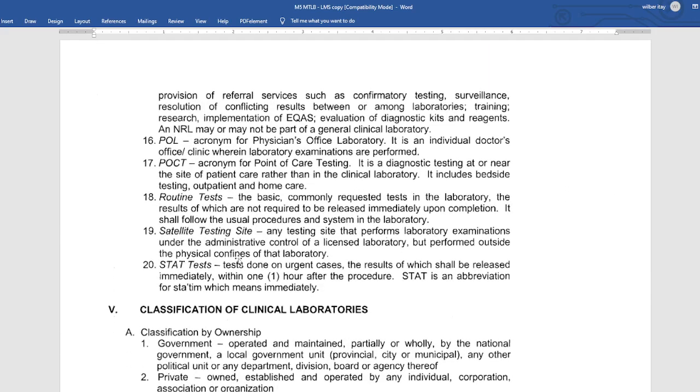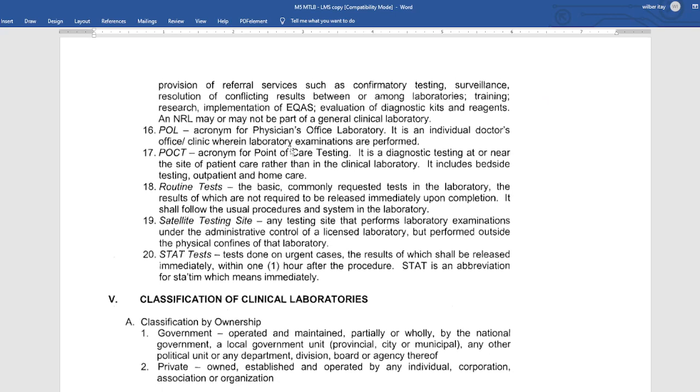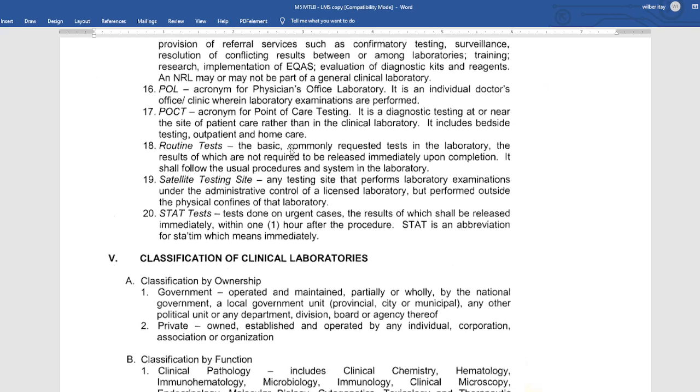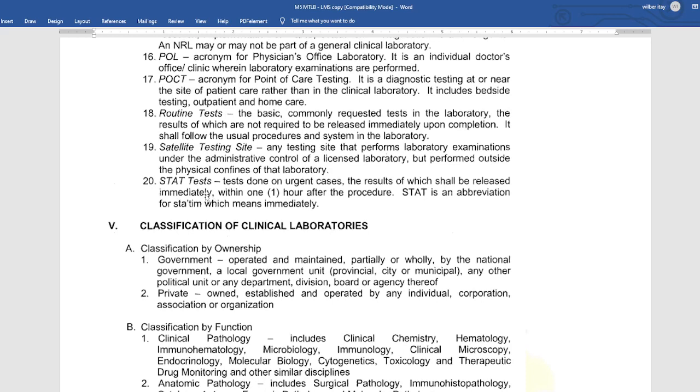Okay. Pag POL, Physician's Office Laboratory, pag sinasabi natin stat test, this one stands for, this is actually from the word statim. Okay. So, yun, it means immediately. Dapat agad-agad siyang matest. That is within 1 hour.